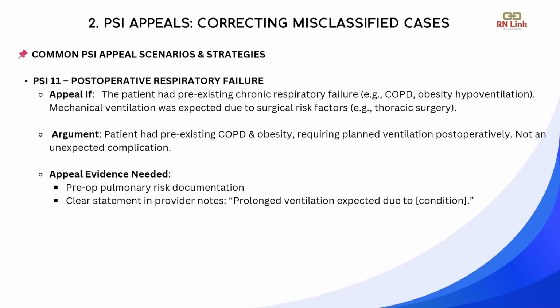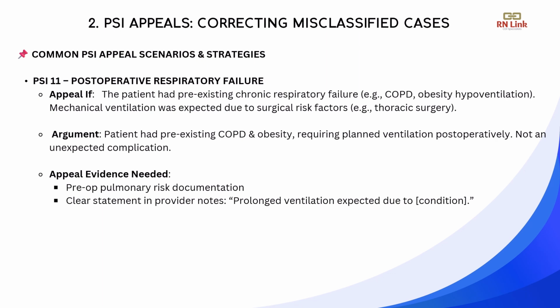PSI appeals. Correcting misclassified cases. Common PSI appeal scenarios and strategies. PSI 11. Postoperative respiratory failure. Appeal if the patient had pre-existing chronic respiratory failure, for example COPD, obesity, hypoventilation.